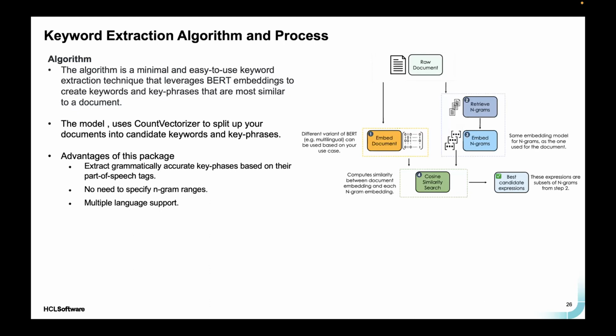And we need not specify any range for the key phrases. It generates them by itself. And also, like somebody rightly mentioned before, we also have different language support, purely based on some configuration and the kind of training that we provide to our model. So these are some of the highlights of the model that we have used here.